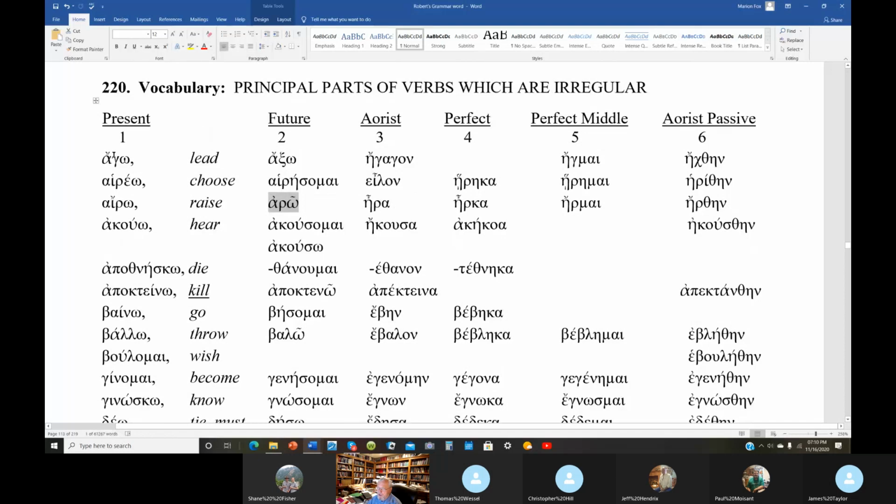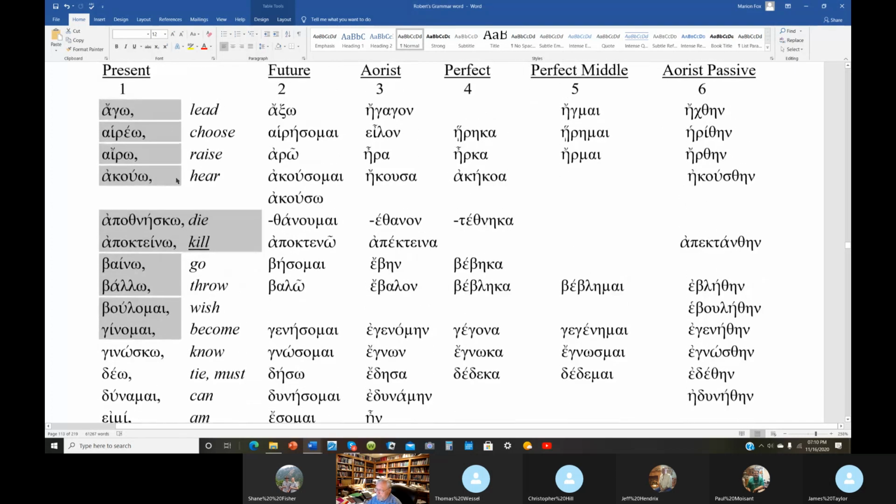Every one of them are. All these verbs are in that file, and they're listed as irregular. And where they're irregular, I've listed them. So you've got a warning if you go into that file. You can say this is an irregular verb.